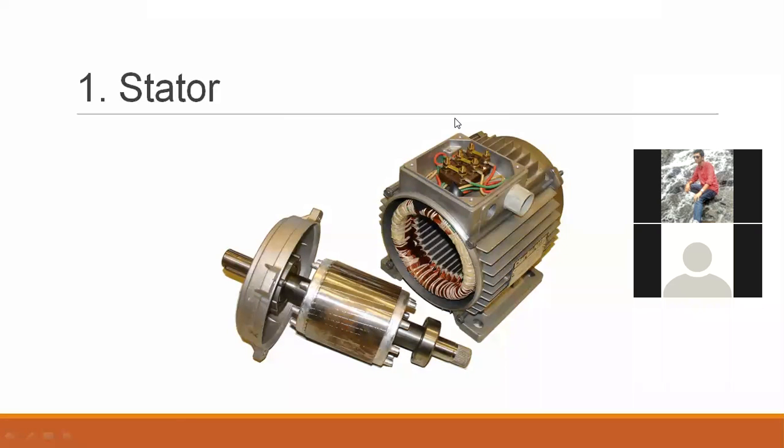As the type indicates, this part shows the squirrel cage induction motor structure. Here, as I said earlier, this is the part of the stator, while this is the part of the rotor.